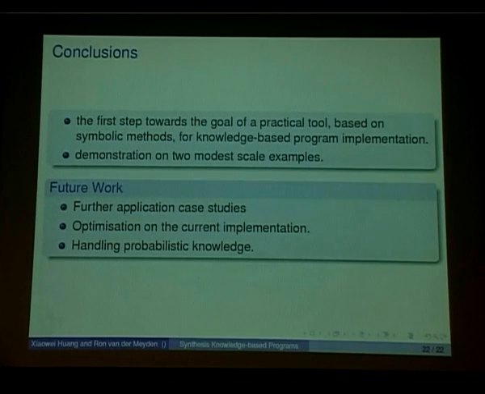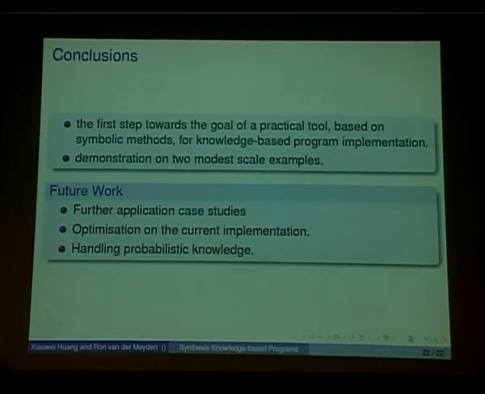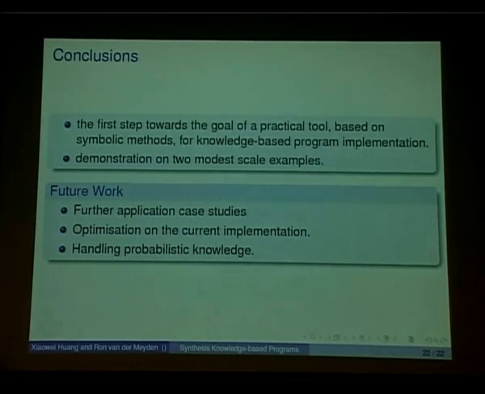The third thing, which we have already started, is that we want to handle probabilistic knowledge, where we can write the probabilistic knowledge formula as the guard or into the assignment statement. So this is the story. Thanks.